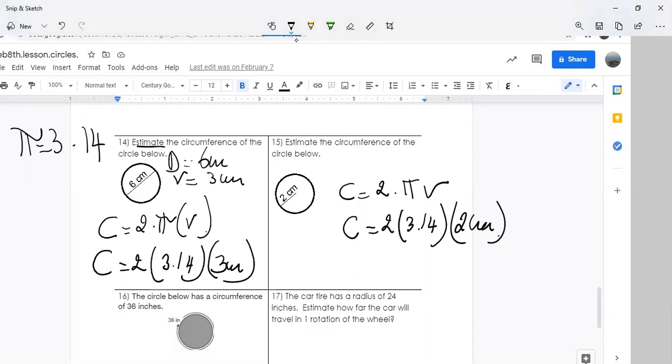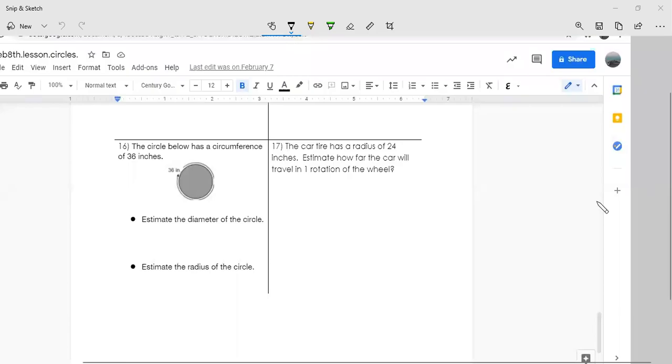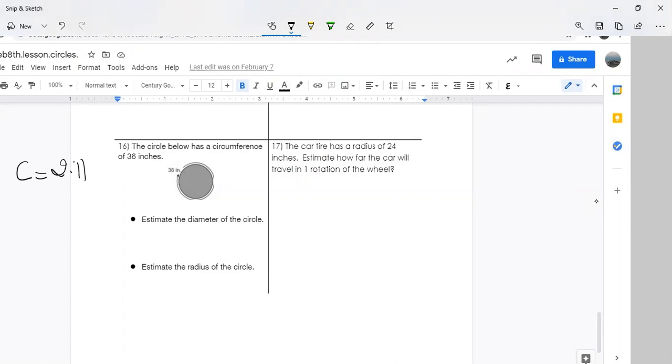And let me scroll up. So number 16, the circle below has a circumference of 36 inches. Find the diameter, estimate the diameter, estimate the radius, okay? So we know the circumference. They give us the circumference. From that, we need to find the radius and the diameter. So we know that the circumference is equal to 2 times pi times the radius.